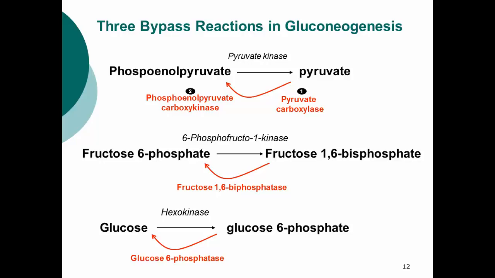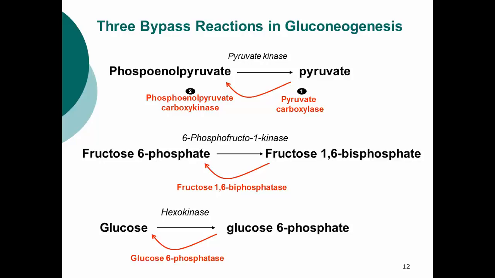So start from pyruvate, which is the end product of glycolysis, and convert it back to phosphoenolpyruvate, which requires two enzymes, pyruvate carboxylase and phosphoenolpyruvate carboxykinase.